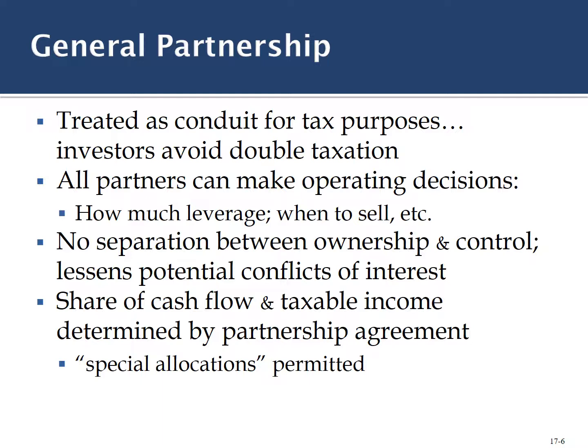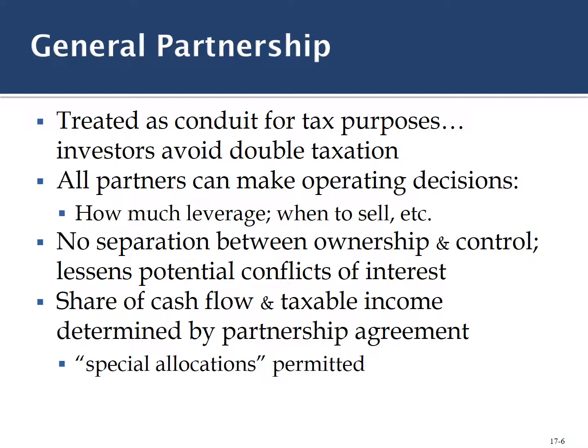In a general partnership, all partners can make operating decisions, and unless specifically outlined in an operating agreement, each of the members can make decisions that bind all of the other members in the general partnership. This is actually looked at as a major disadvantage.